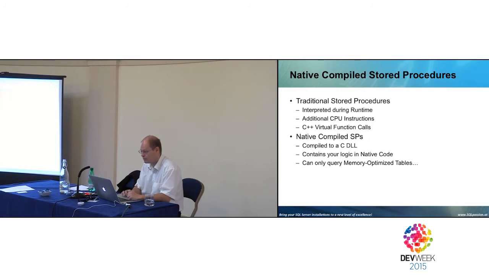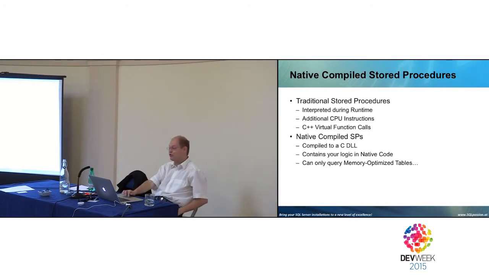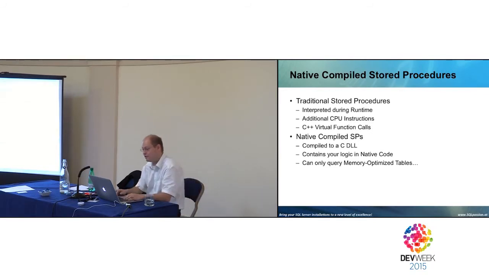The first file is the implementation of our stored procedure as C code. That C code was compiled to an object file, the object file was linked to a DLL file, and the DLL file was loaded into the process space of SQL Server.exe.